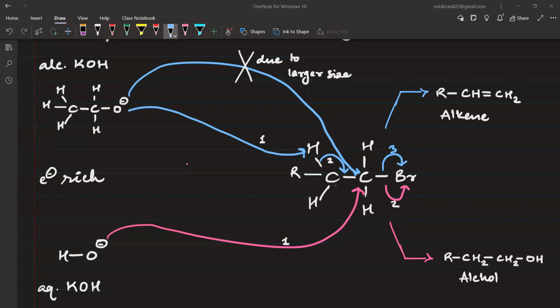Sir, in pink pathways, there are only 2 steps. Alkoxide ion.